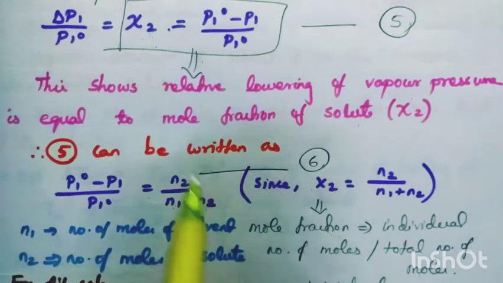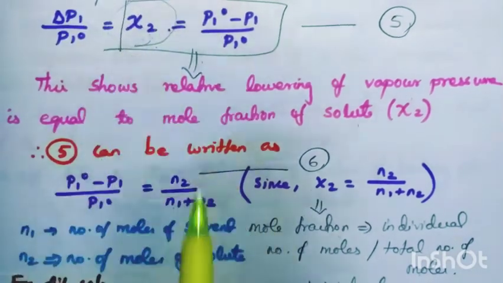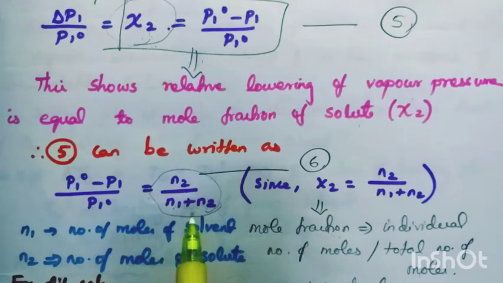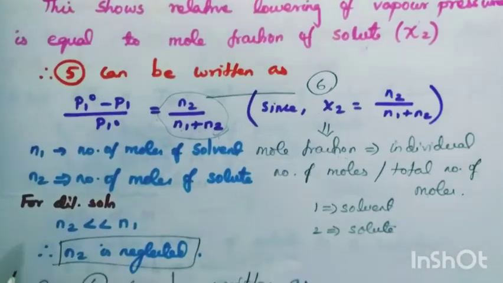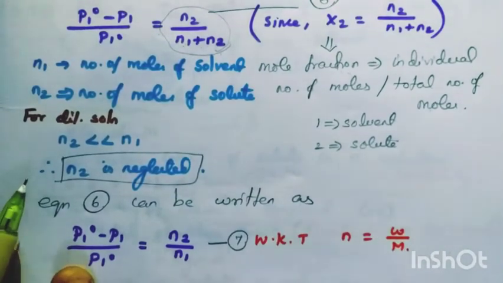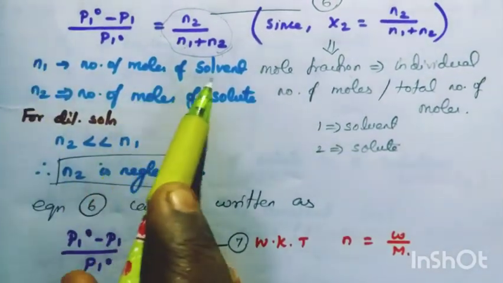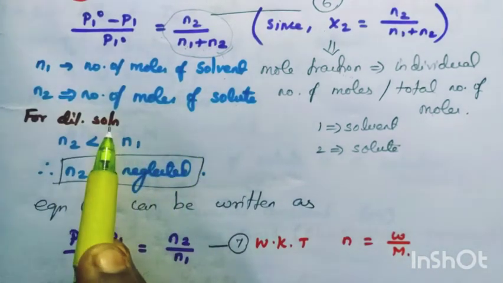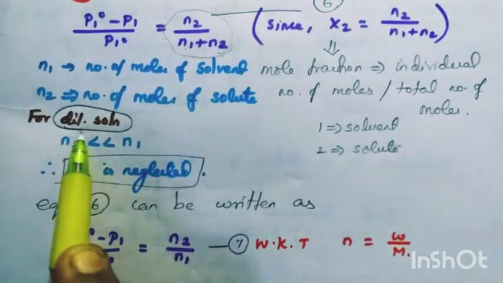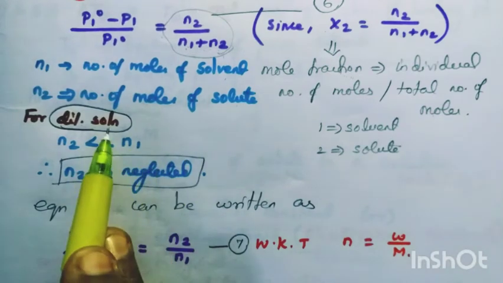So instead of X2 we write n2 by n1 plus n2. What are the terms here? n1 is the number of moles of solvent and n2 is the number of moles of solute. For dilute solutions, for all the colligative properties, we write this.